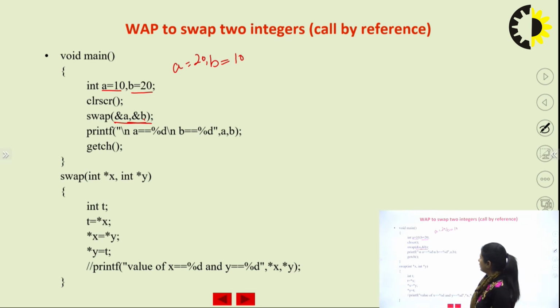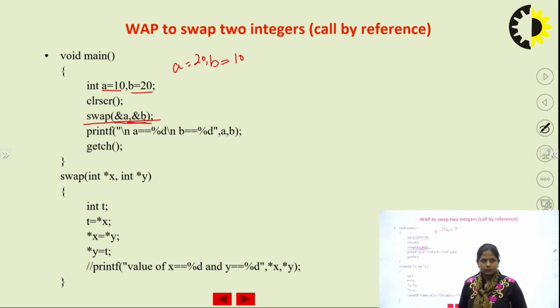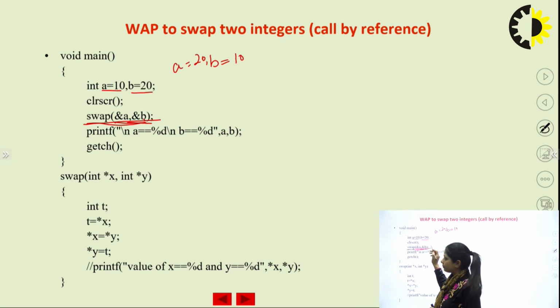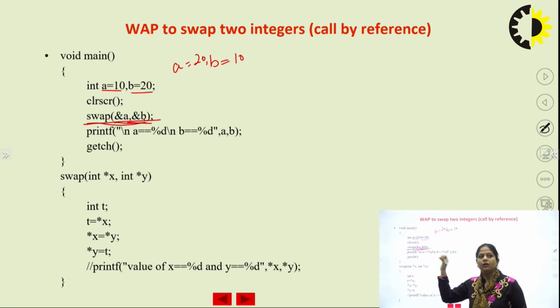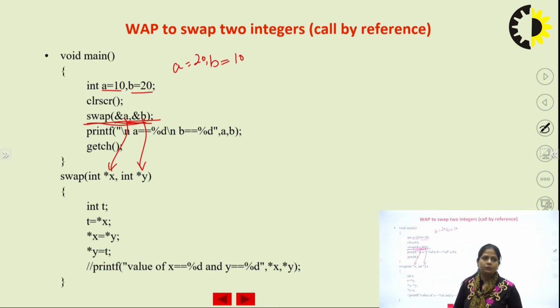Fine, we have created a function swap, and now I am calling this function by writing swap and passing the address as actual parameters. Now, the address of A will be passed in pointer x, address of B will be passed in pointer y. Again, that is the same thing, because we are passing the address of the variables, that is why it is mandatory to have the pointer variables.